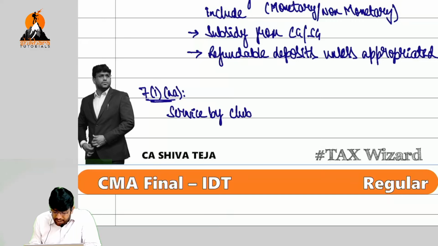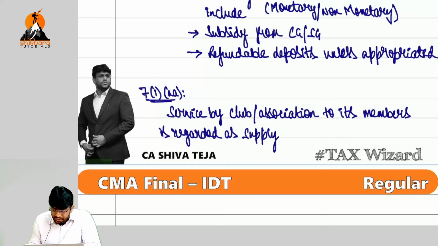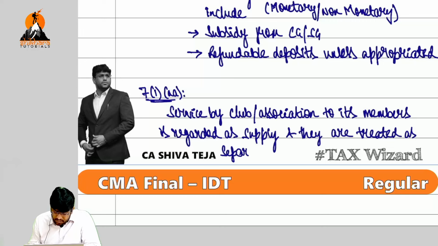Service by a club or association to its members is regarded as supply, and they are treated as separate persons.